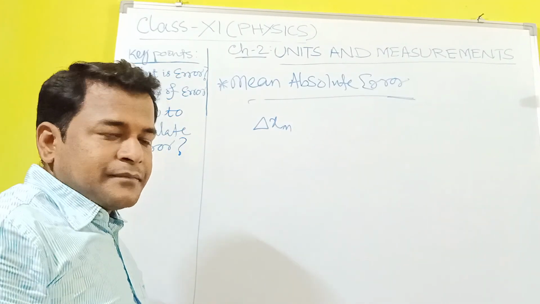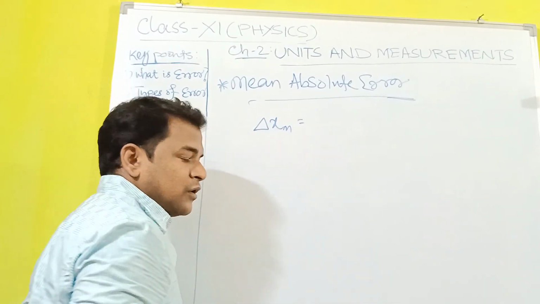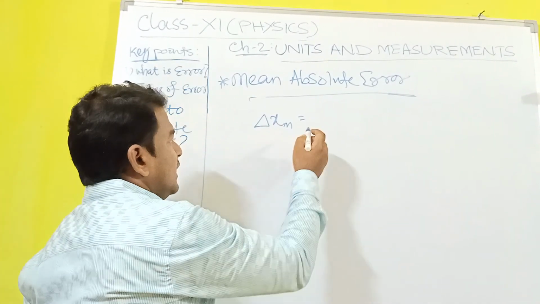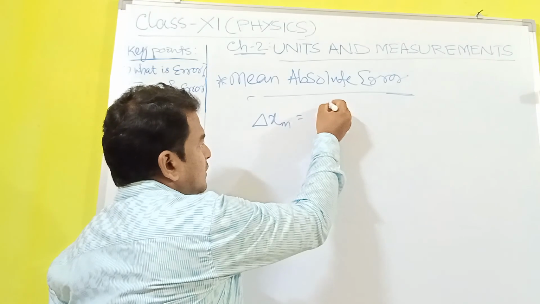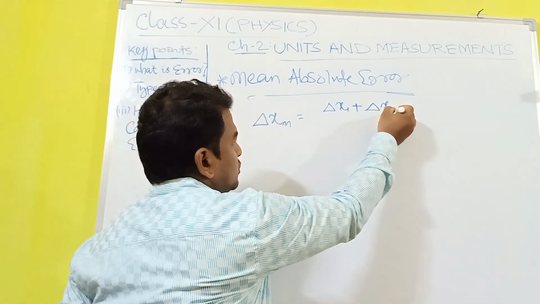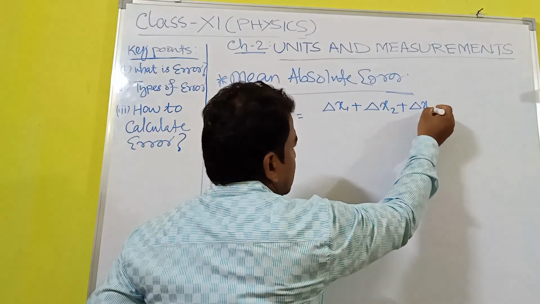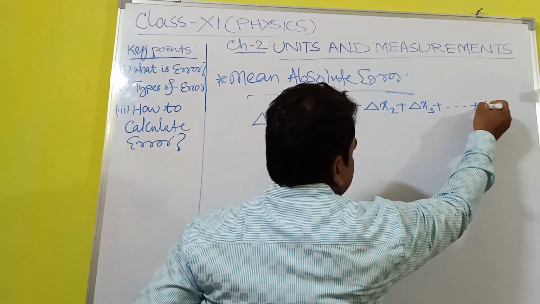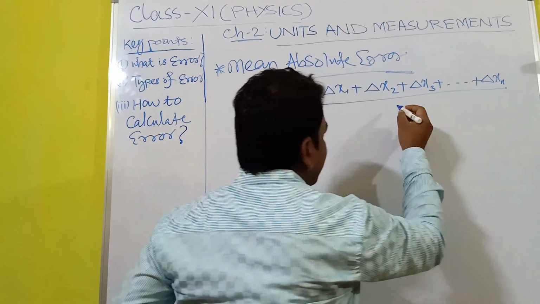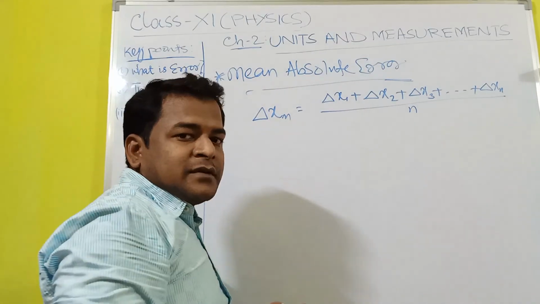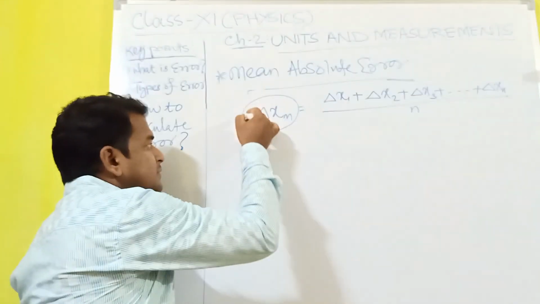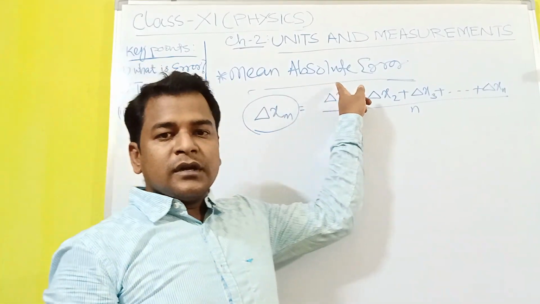So del xm will be del x1 plus del x2 plus del x3 up to del xn, divided by the number of observations, that is n. This value gives the mean absolute error.